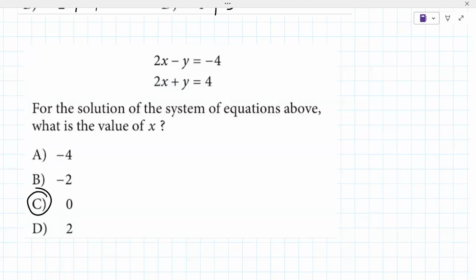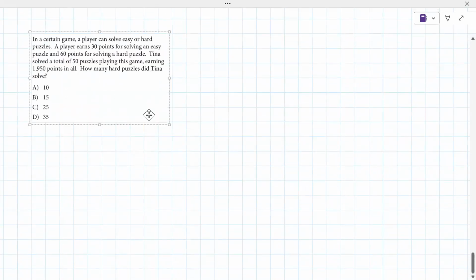All right, this is a story problem where you can use the table if you would like. You do not have to.